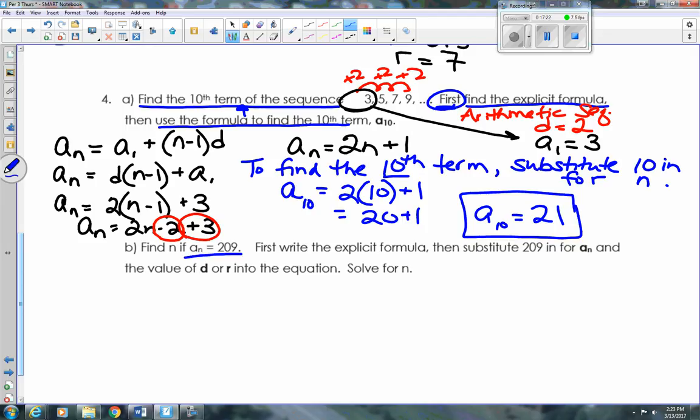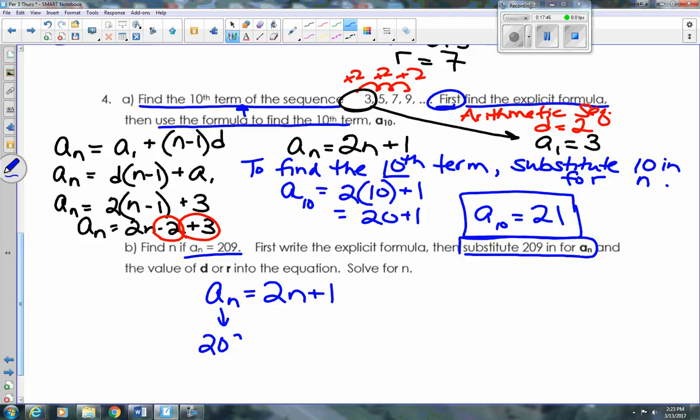Well, first I want to go back to my explicit formula, a subscript n equals 2n plus 1. And now I know that I'm solving for a term that is equal to 209. I'm going to substitute 209 in for a subscript n.